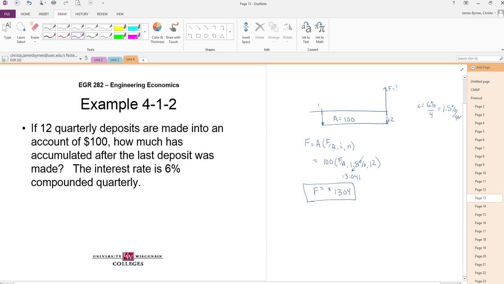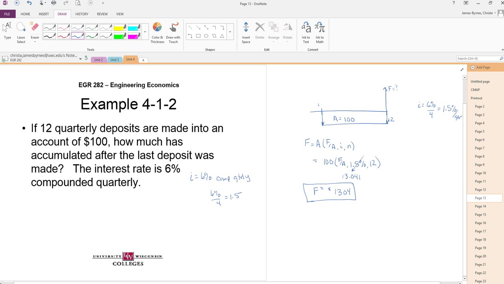There's your answer. Now, some of you might have said 6% compounded quarterly. Why isn't she using 6%? Because of the way it's read. It's read interest is 6% compounded quarterly. So that means I have to find that effective rate of 6 over 4 or 1.5.